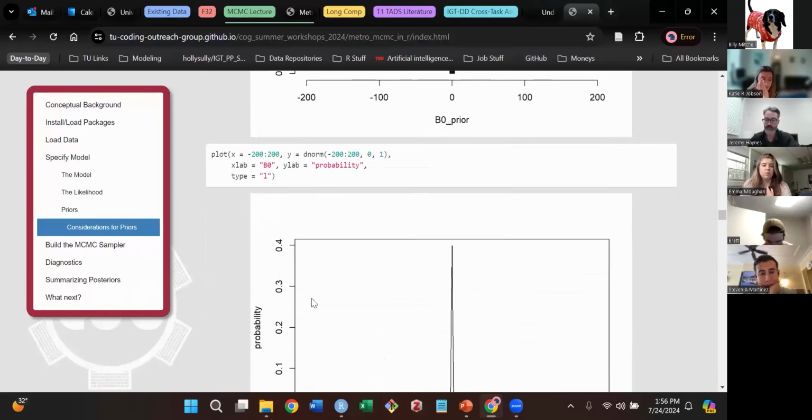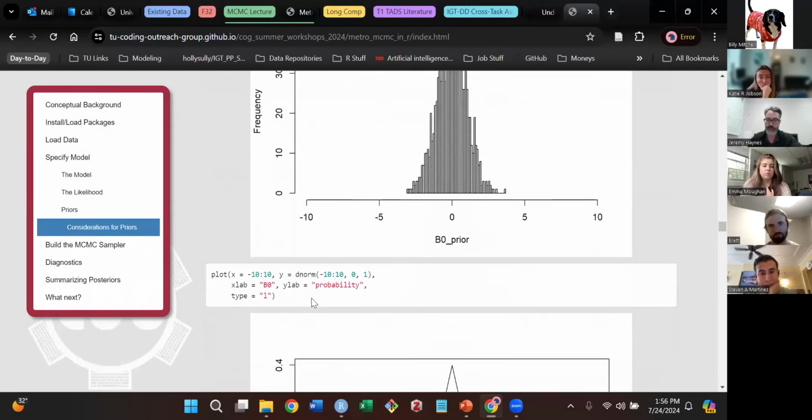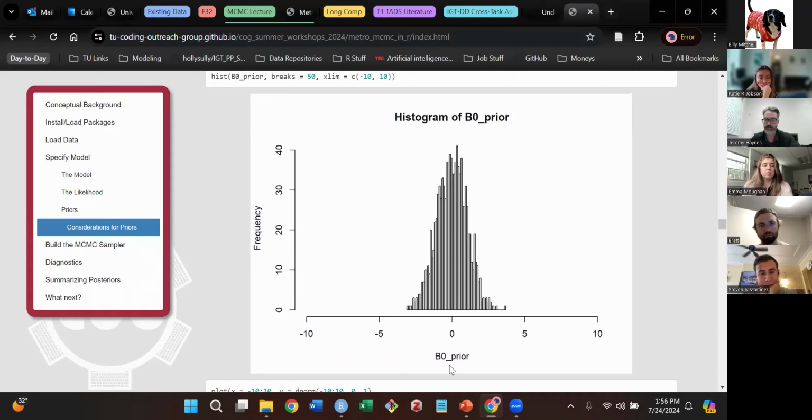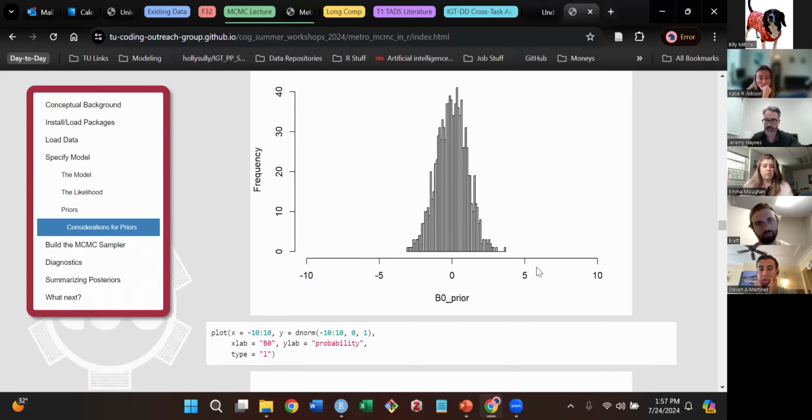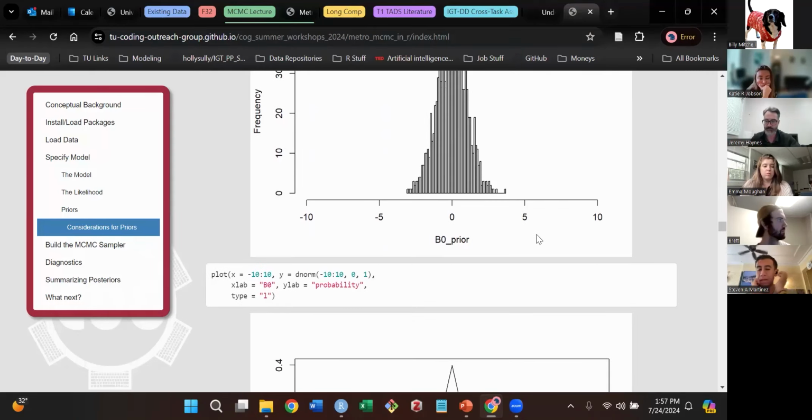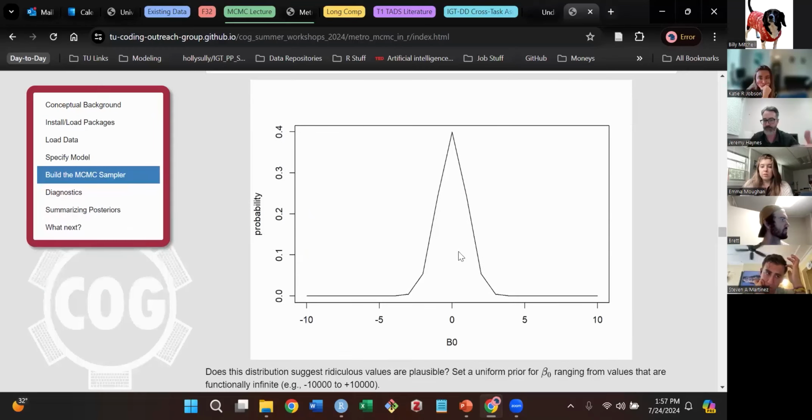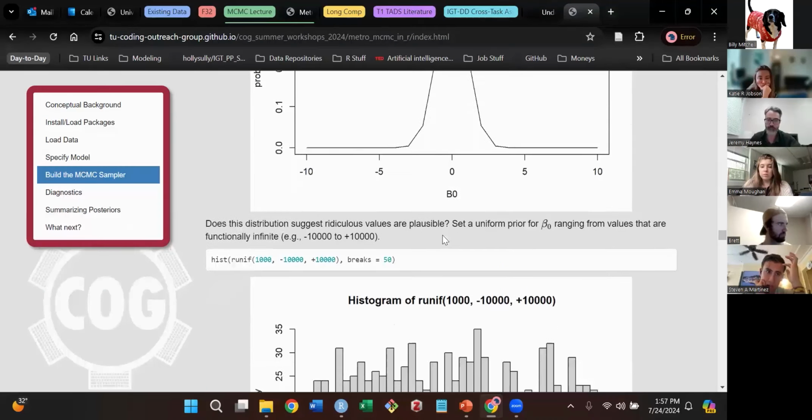If we look at it a little more zoomed in, this distribution doesn't look quite as tight. So you do have to pay attention to those x-axis ranges. And yeah, that's generally what this section highlights. So this is for a more informative prior. And again, this is just different ways to show the same information.